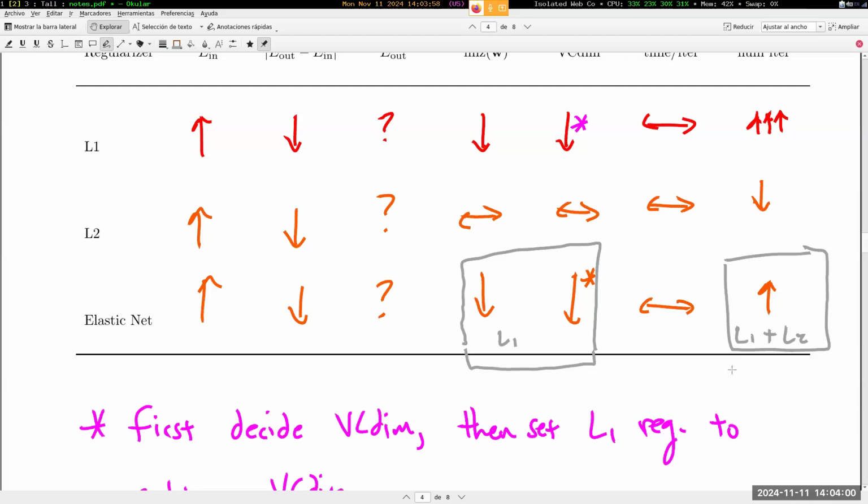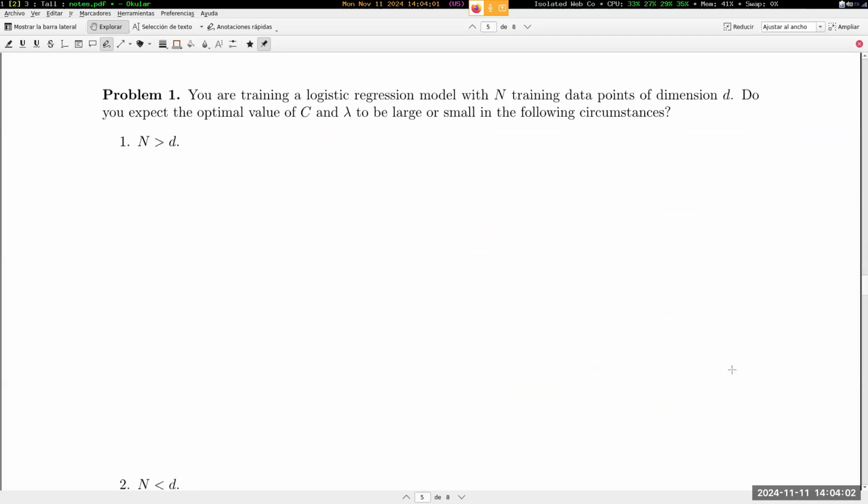The remainder of this notes packet has some problems that we'll start working through. They get into why we care, when to use these techniques, and how to recognize what to do with your regularizer. So problem number one over here, and again, these are going to be similar to the sorts of things you'll have to do on your final exam.